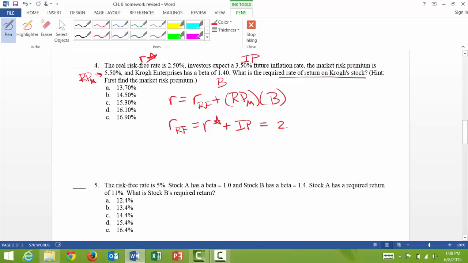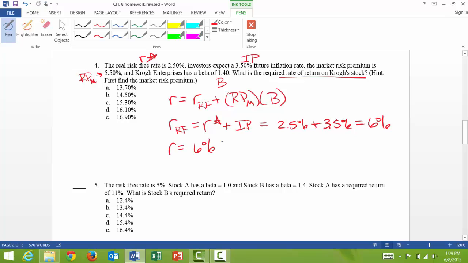So R star was 2.5% and the inflation premium was 3.5%. So if I add those two together, I get my risk-free rate of 6%.